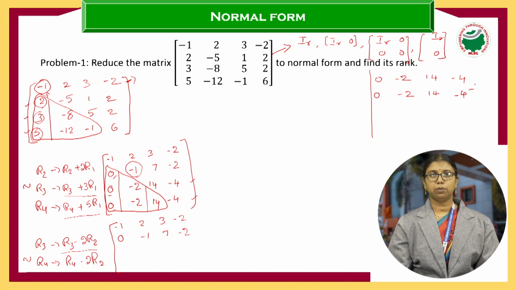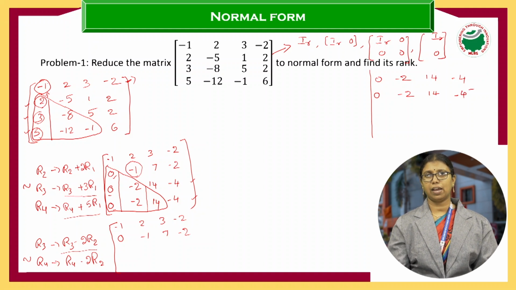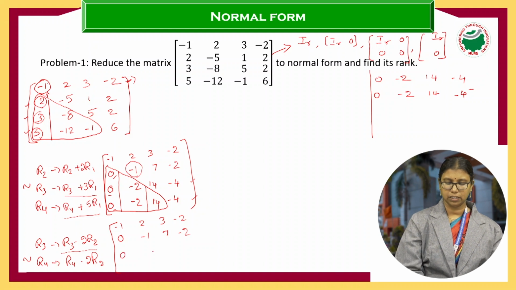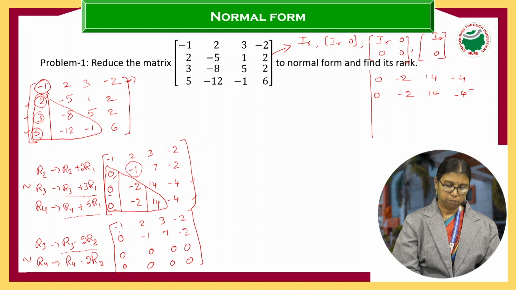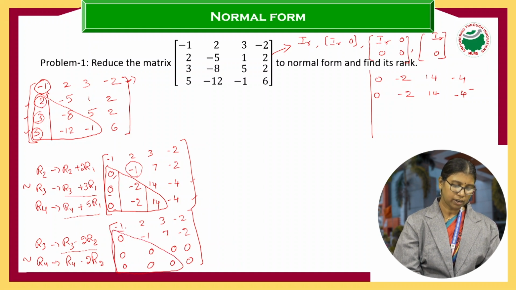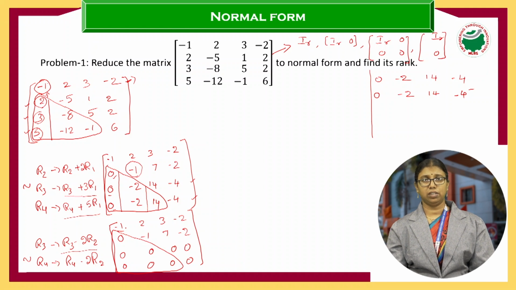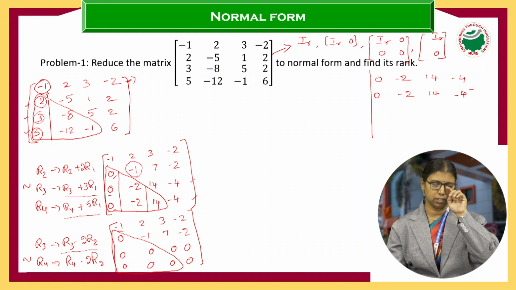Now, by subtracting, both rows have the same values, so you will get a 0 row. Since R4 is also minus 2, 14, minus 4, there also you will get a 0 row. Now represent the lower diagonal values. See here, all the lower diagonal values are converted to 0. That means we got the upper triangular matrix. So, with this, your first step is completed.